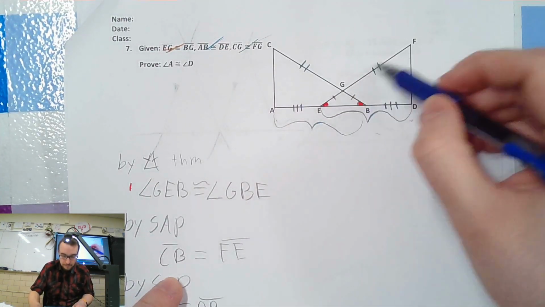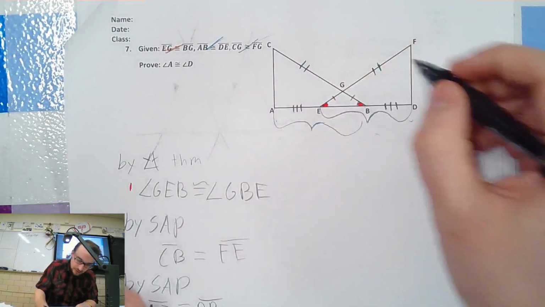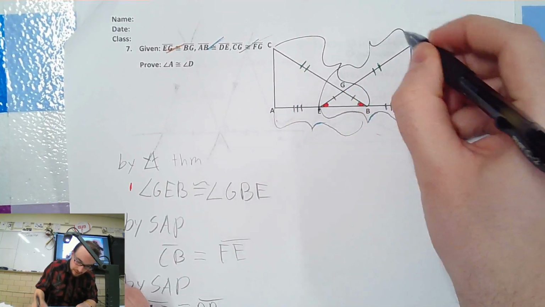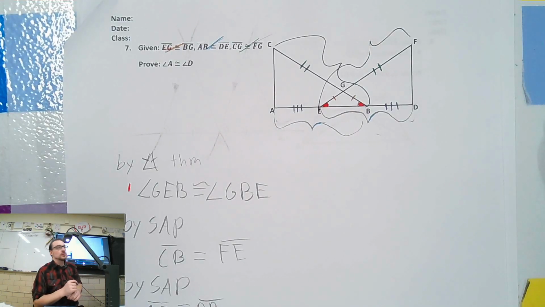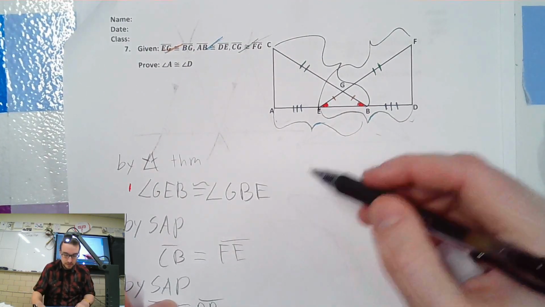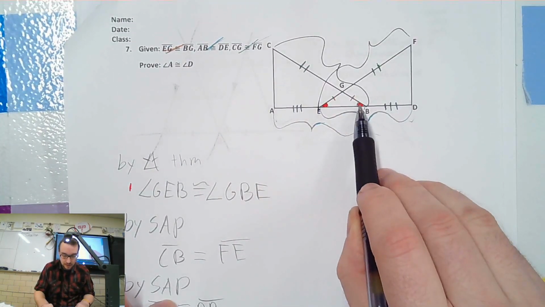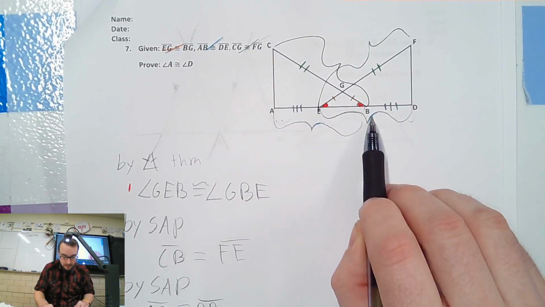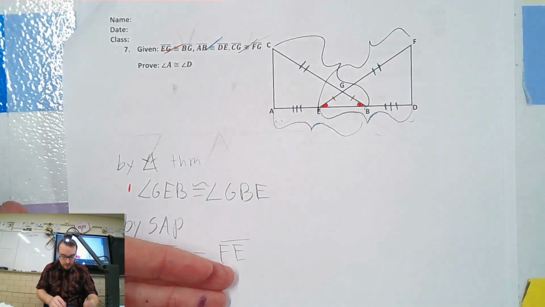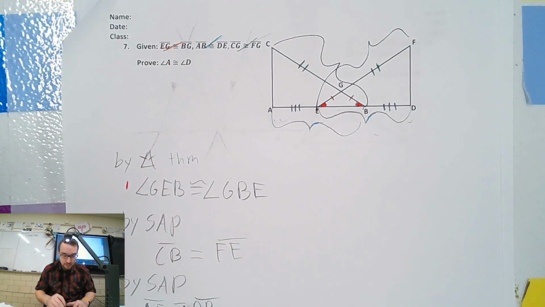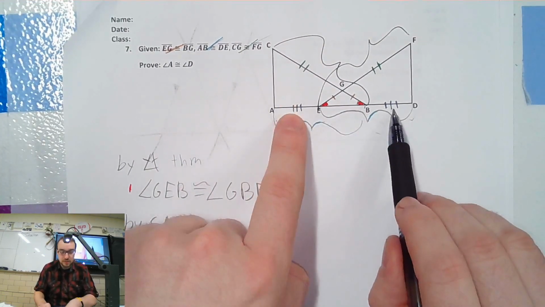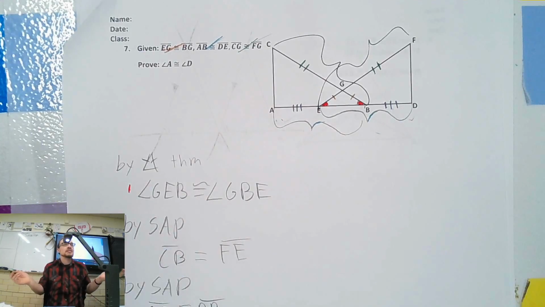I would then do something like that. Maybe that makes it look worse, but yeah, that's true. So we have side, we've got angle, and then we're already given the side. So by side, angle, side, we can jump down here and get it. You said SAP, which is true. Segment addition postulate, these two are the same, right? But we don't need it, right?